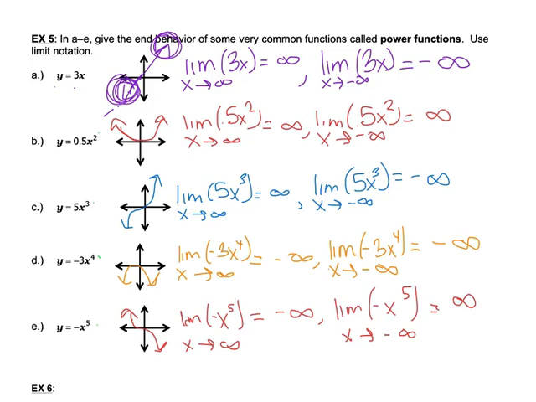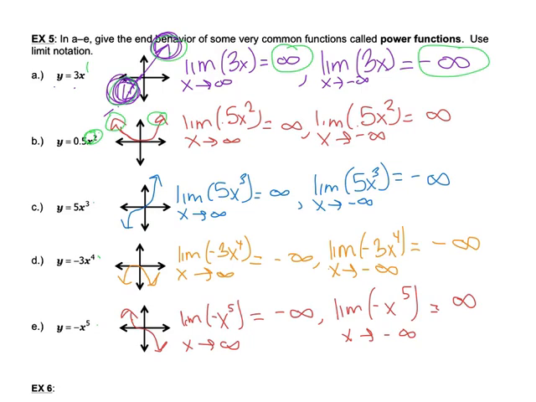This first one, a, it's a power of 1, and we'll see that the limits on the two different ends are opposite. One of the ends is approaching infinity and the other is approaching negative infinity. If you look at b, we've got an even powered function, a power of 2. And then if you look at the ends of the function, both ends are approaching positive infinity.